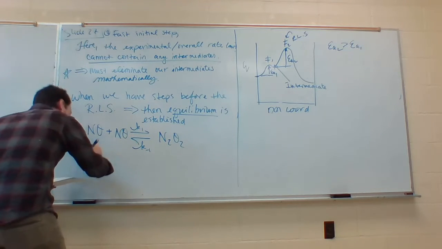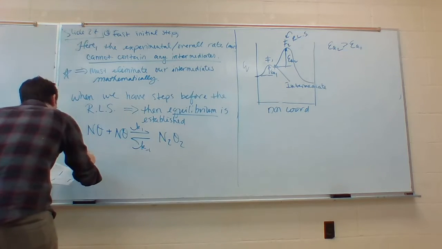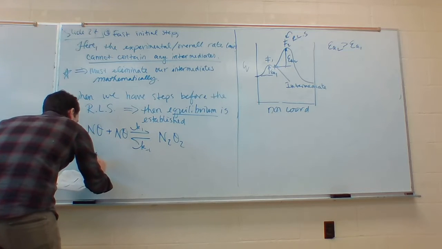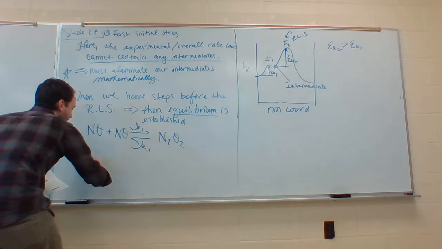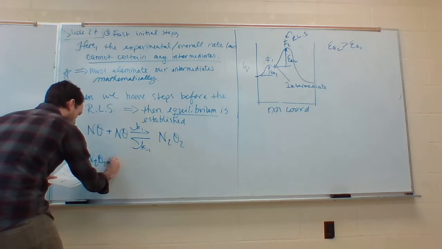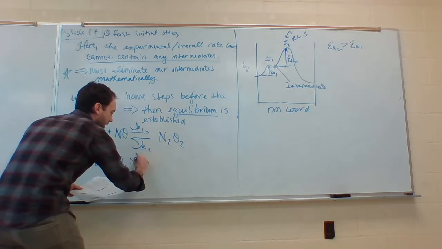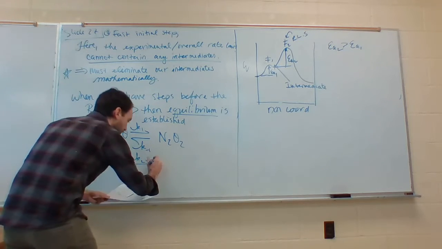Okay, it's almost like we have two mini reactions in this elementary reaction. We also are going to have the second reaction, which is taking us over this second hill, which is N2O2, let me rewrite that, where we have N2O2, and it goes with oxygen forward, and it has a K2. That's the rate constant for this second reaction going forward.